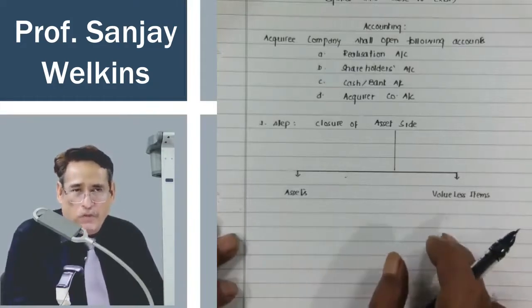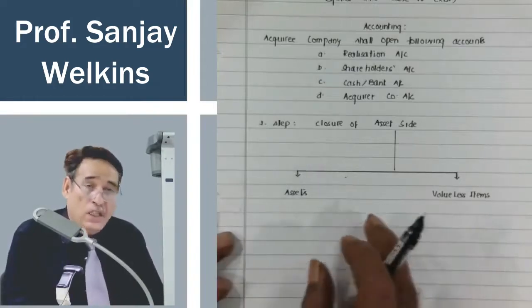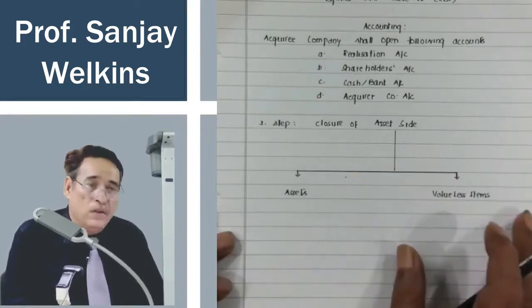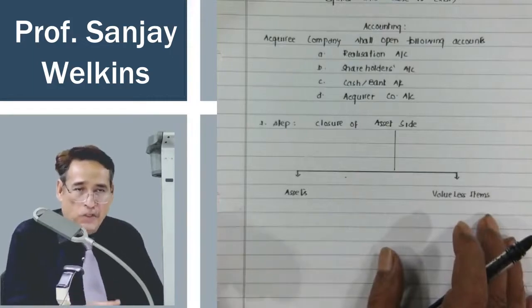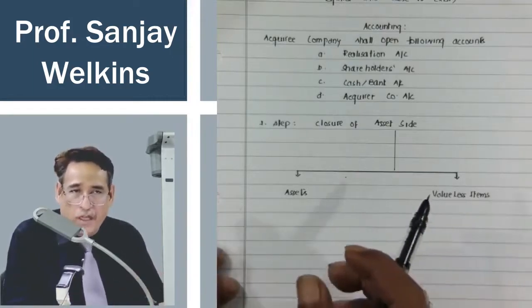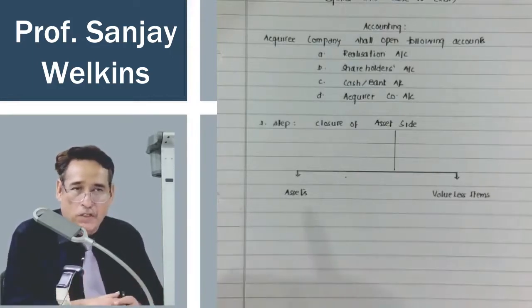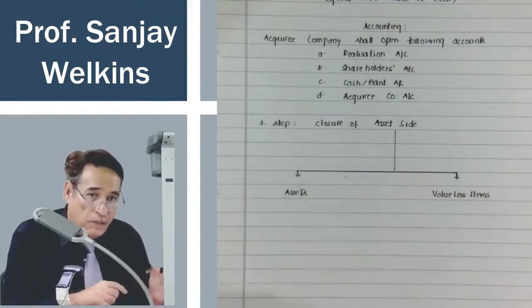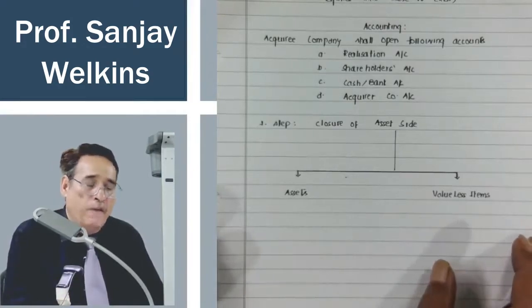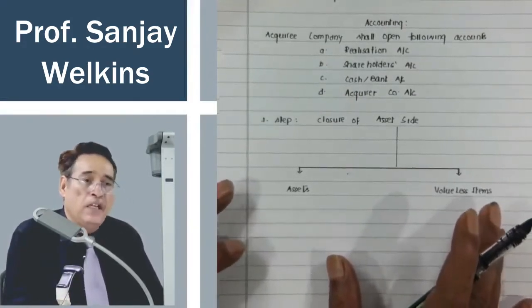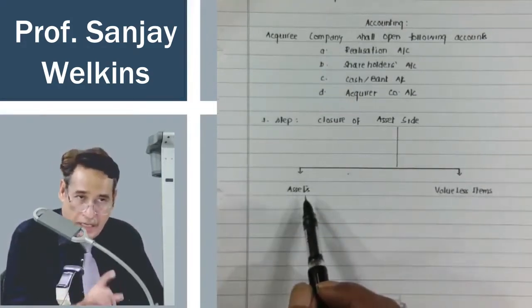They appear not because they are assets in real terms, but because they are deferred expenditure which haven't yet been written off, and that is why there is a debit balance in those items. So the asset side comprises valueless items and assets.